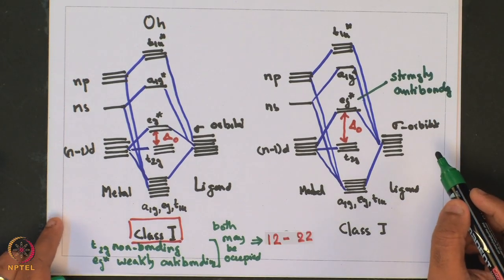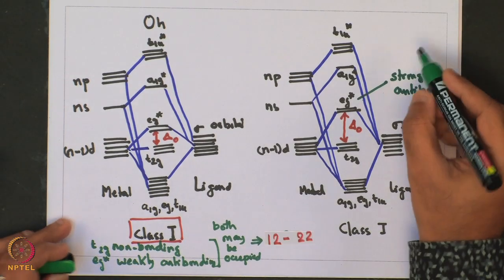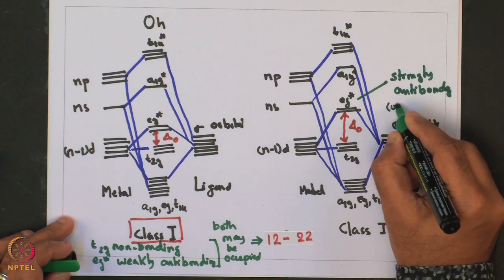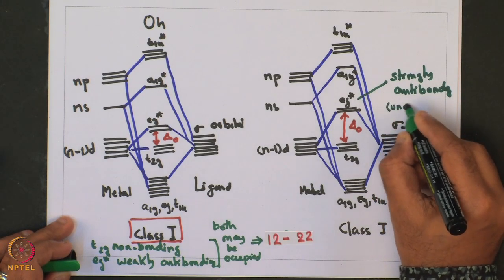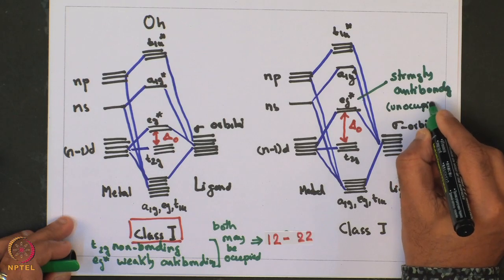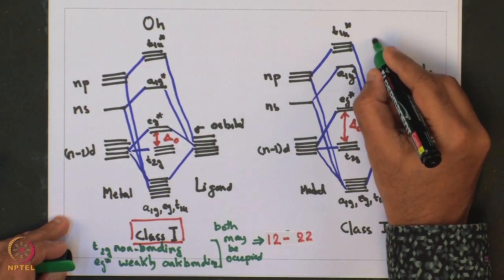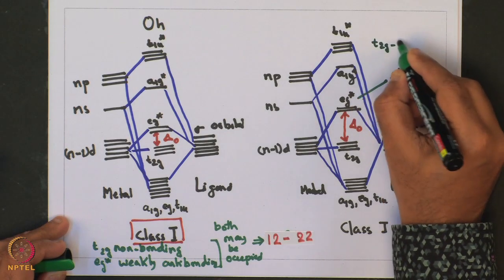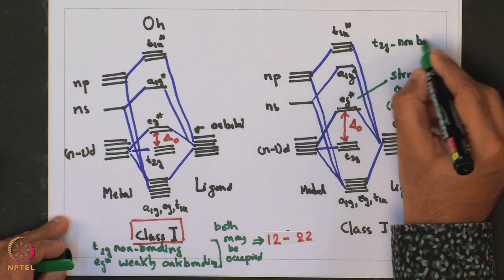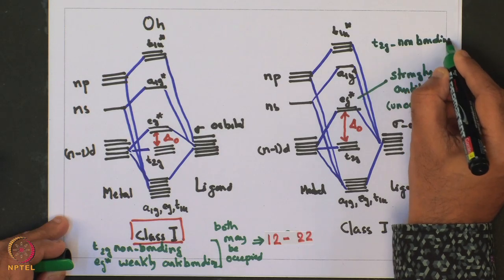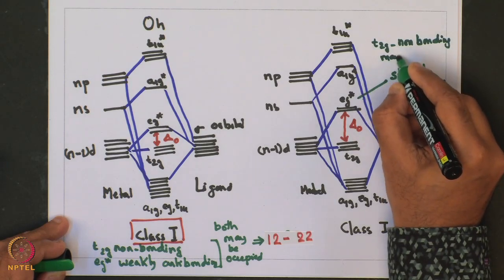As a result, Eg star is unoccupied and the T2g non-bonding may be occupied.